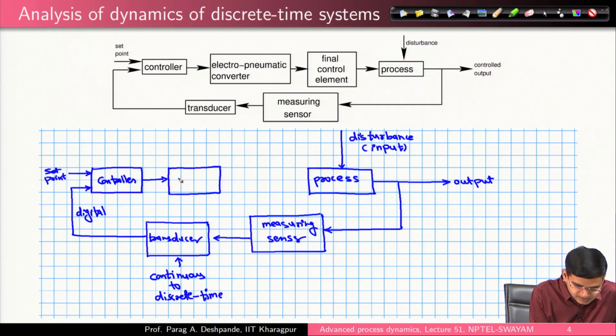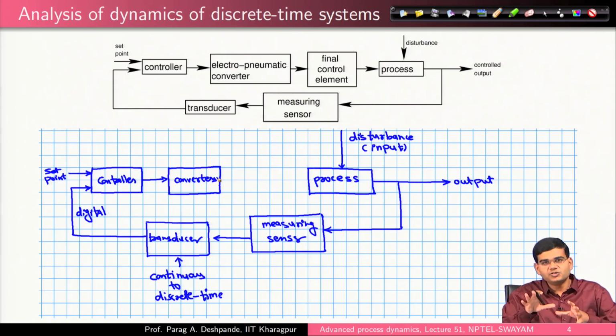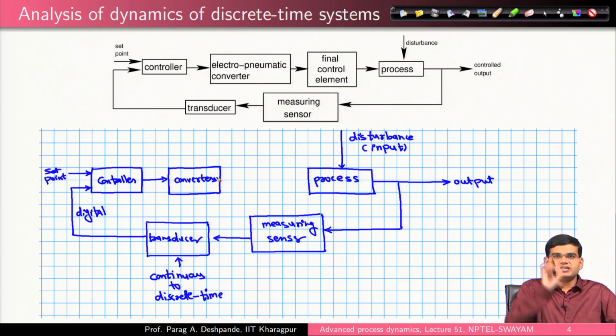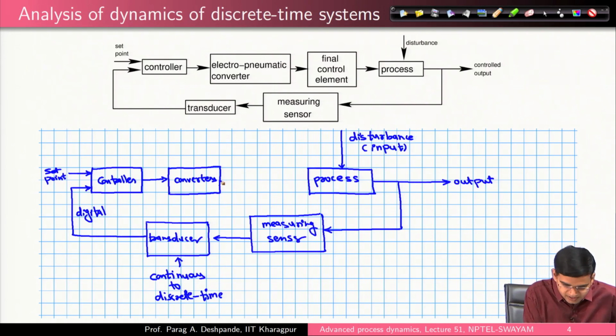So, I will simply write this as converters, which are basically those equipment in your system or parts of your system, which would help the controller implement the control action. But there would be one specific element whose action would result in the change in the process, okay? And that is called the final control element.